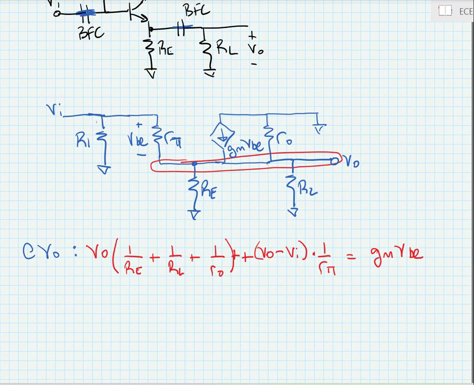Okay, we know a couple things here. VB is equal to VI, VE is equal to VO.